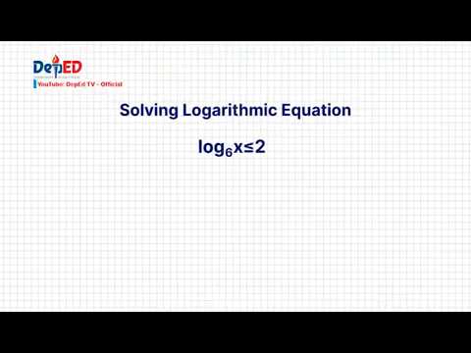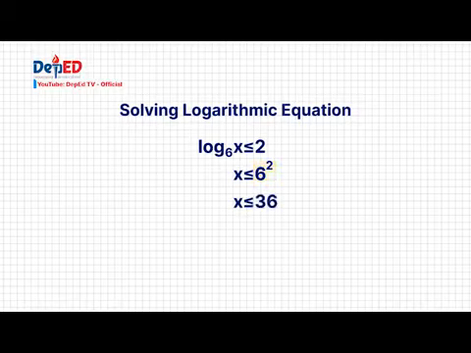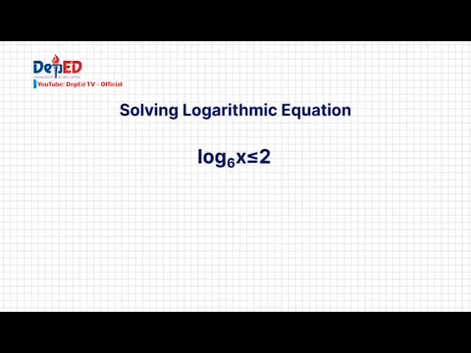Let us take the logarithm of x with the base 6 is less than or equal to 2. In exponential form, it is written as x is less than or equal to 6 squared. 6 squared is 36. The logarithm of x with the base 6 can be written as 6 raised to y is equal to x.